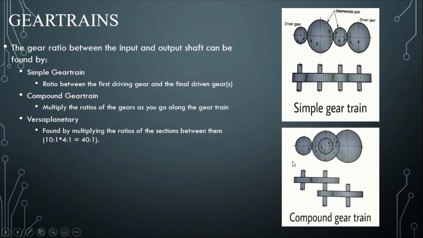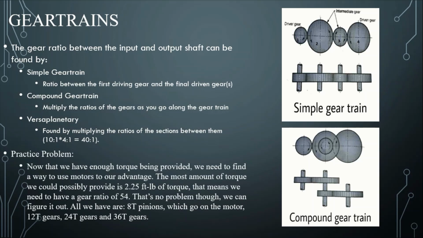And so now that you know all of that, the last practice problem for this unit, I guess we could call it, is this. We want to use a motor to power instead of people, because people are unreliable and can get tired. Motors cannot. But the most amount of torque we can apply by a motor alone is around 2.25 foot-pounds of torque.